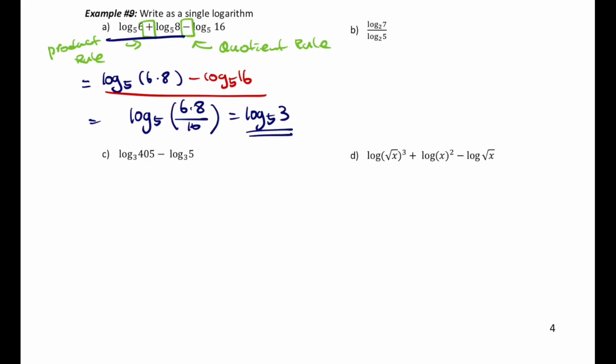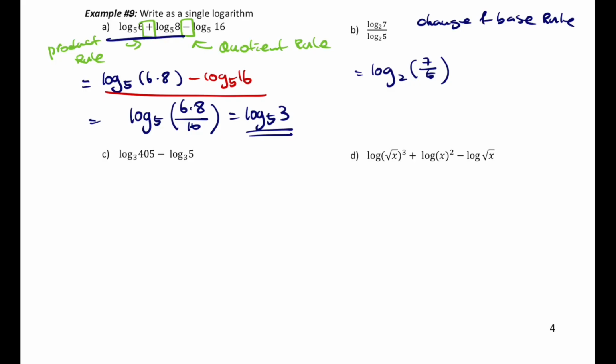Okay. Same thing with question B. This is like the second step of the change of base rule, right? So we can just simply do log base 2 of 7/5, right? Then this is equal to, that's it, right?